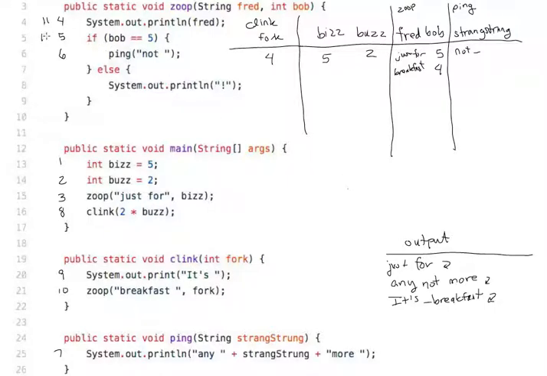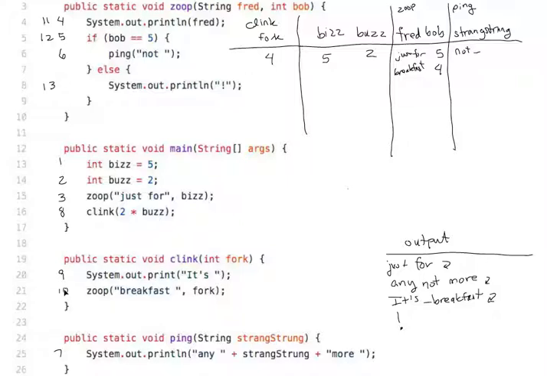At step 12, I test to see if Bob is equal to 5. Bob is not equal to 5. It's equal to 4. So I end up going here for step 13, which is system.println with an exclamation point. So I print out an exclamation point like that. And then I'm done. So I'm looking back for step 10.